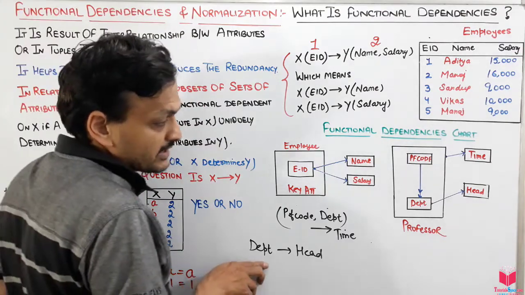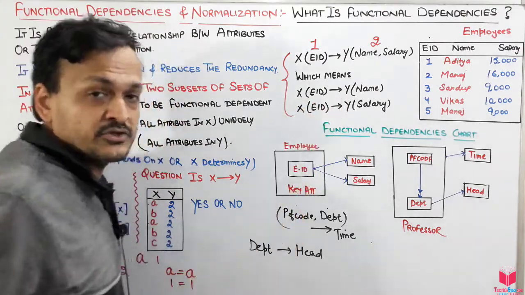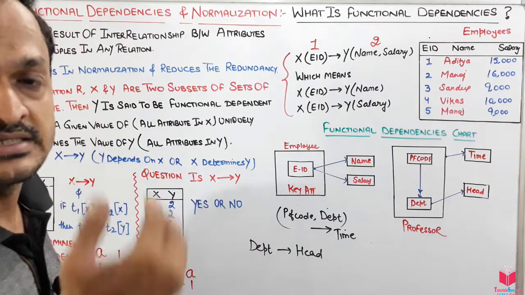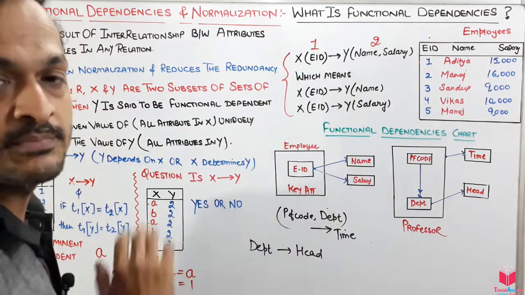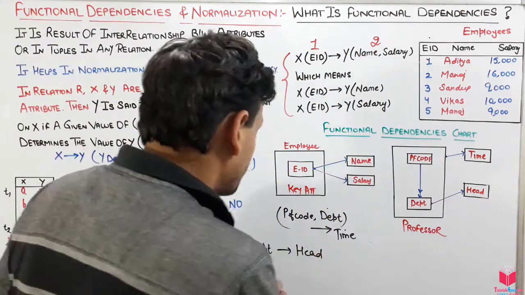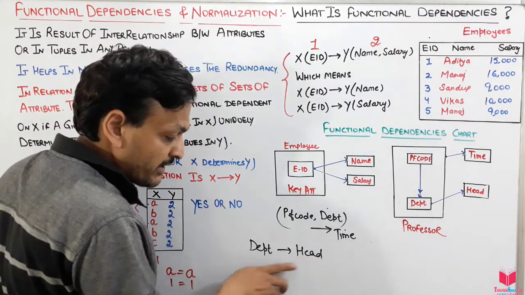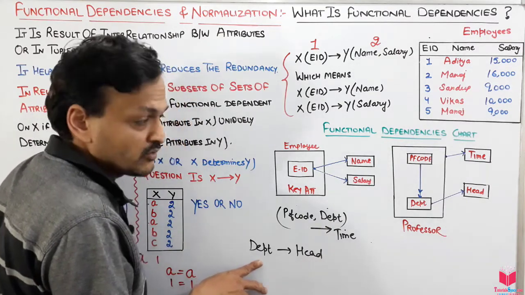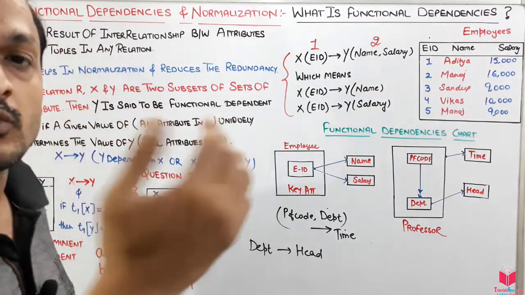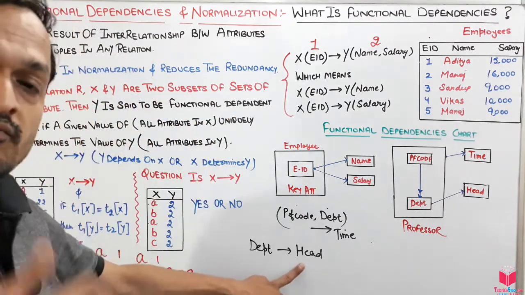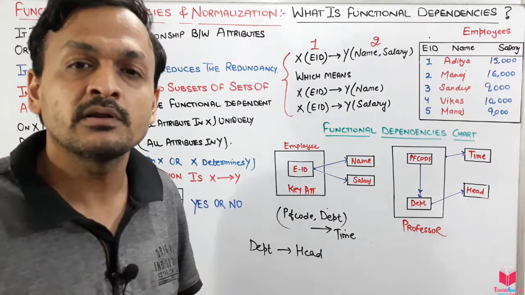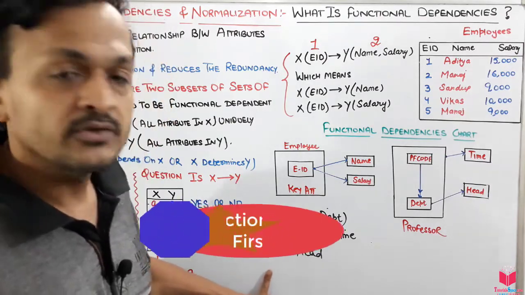So if you tell me the department name and ask for the HOD or the head, you can say this is the head of this department. So yes, this is completely dependent on this. That means we can uniquely find the value of head by finding the value of department. So if we give the name of the department, you can find the head name, or if you give the head name you can find the department name. Okay guys, so this is unique dependency.